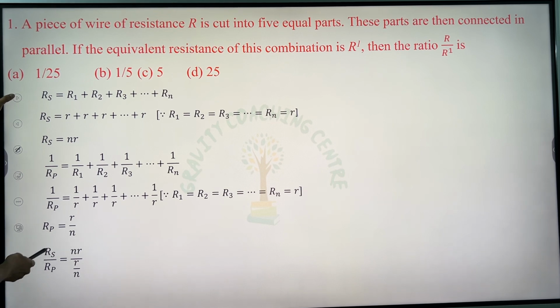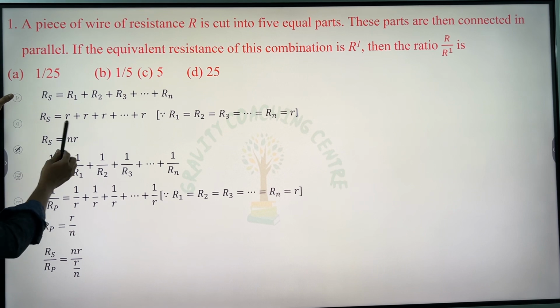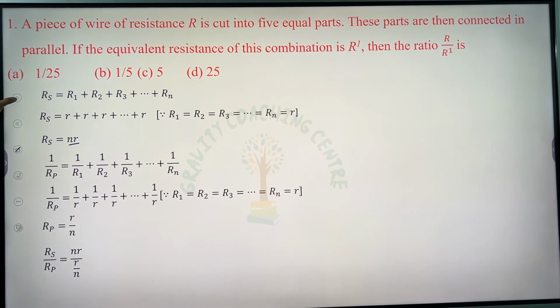So what we want is Rs by Rp. Rs is nR, and Rp is R by n. So this R cancels, n by 1 upon n, this n will come up, n into n, n square. Rs is the series combination, and in the parallel it is R dash.